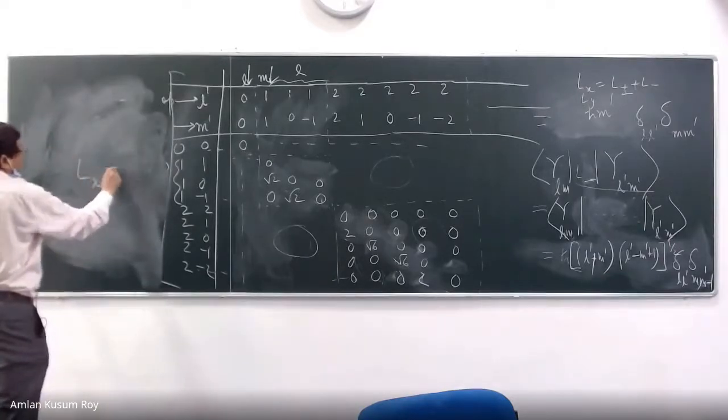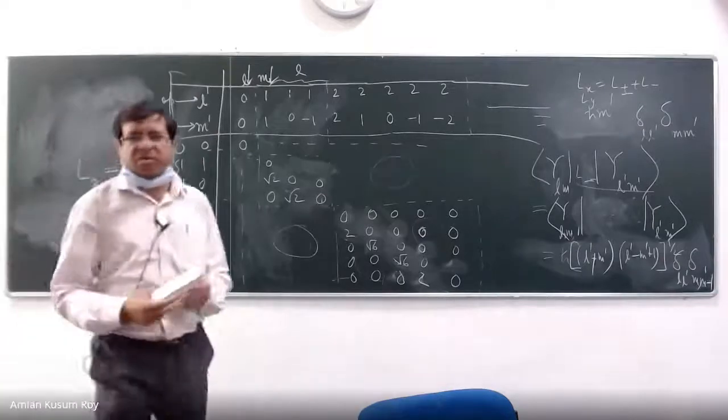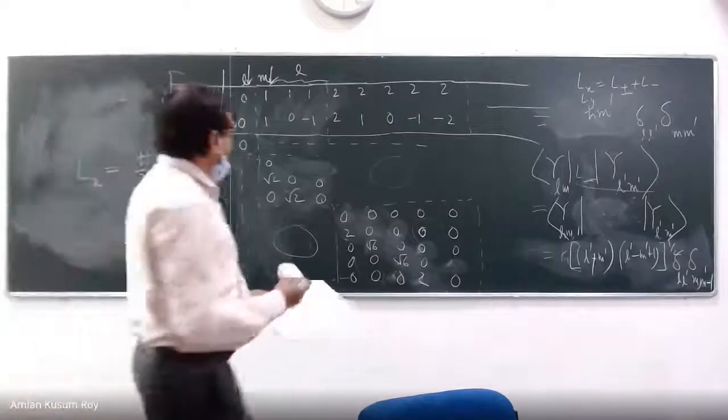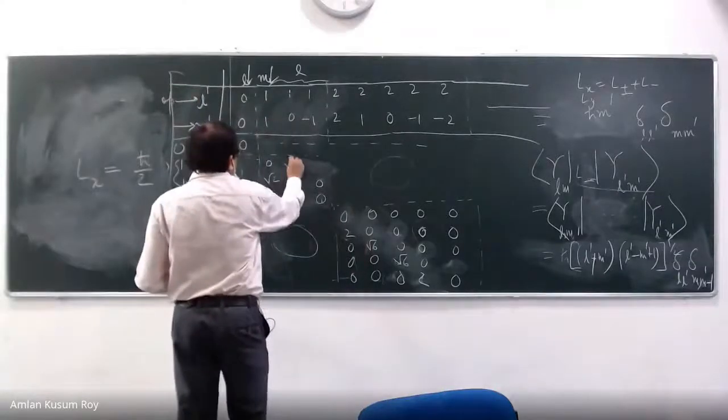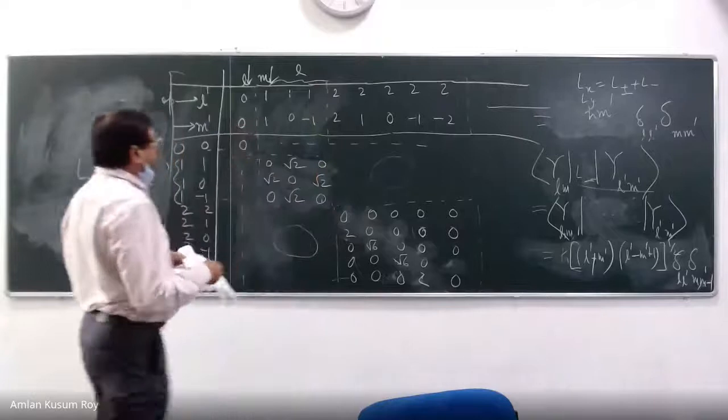So Lx will have H cross over 2. I'll write the matrix for you, work it out. You will see that this will be surrounded by, that is your Lx, sorry.